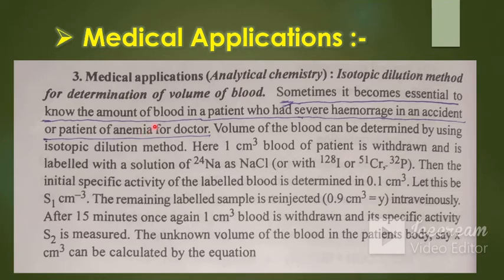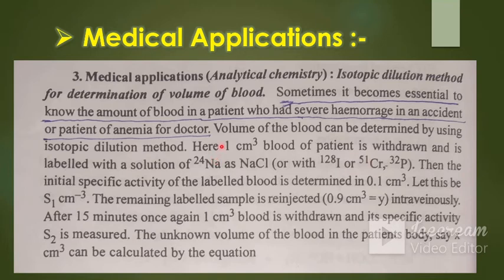Anemia means the volume of blood in our body is low. So volume of blood can be calculated by using the isotopic dilution method.